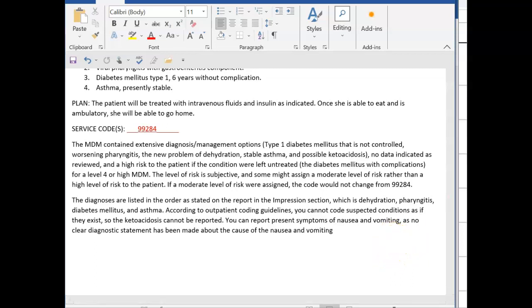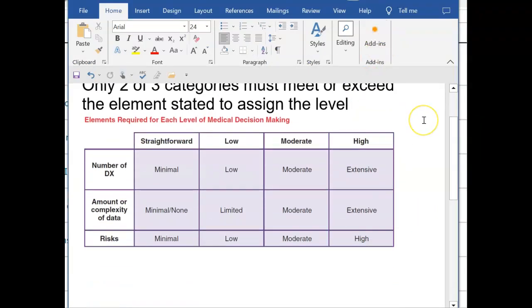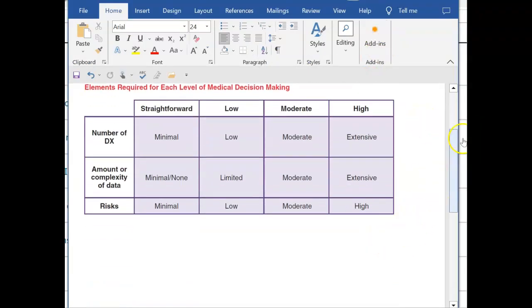So let's just go ahead and look here with our risk. We do know that extensive right here is high, correct? We do know that the amount of complexity is minimal or none. With the risk, I went to just moderate.